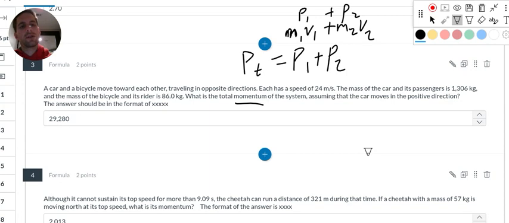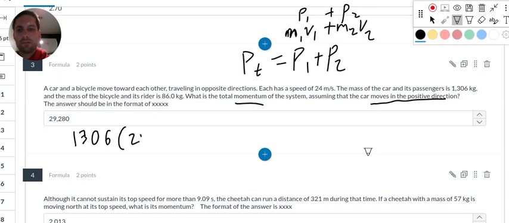It says the car is moving in the positive direction, so we'll say P1 is the car, and P2 is the bike. To do that, I'm going to say the car has this mass, 36 times positive 24, because it's going in that direction.